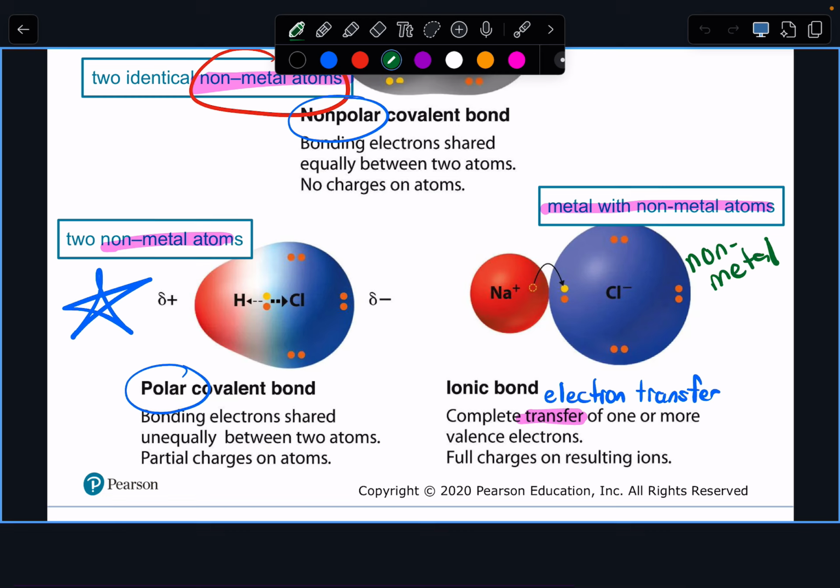But now the metal will not leave the bully alone because the bully has their toy. And so they just constantly are following them around, wanting their toy back. So the positive and negative ions stick together, not because they're sharing something, but because they're oppositely charged. One has the toy and one doesn't have the toy.